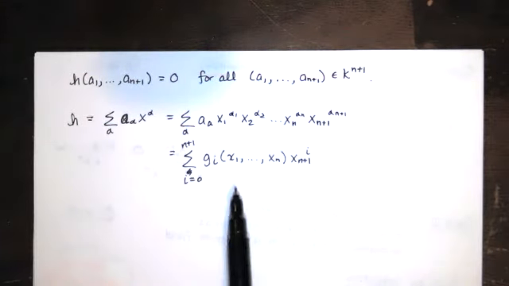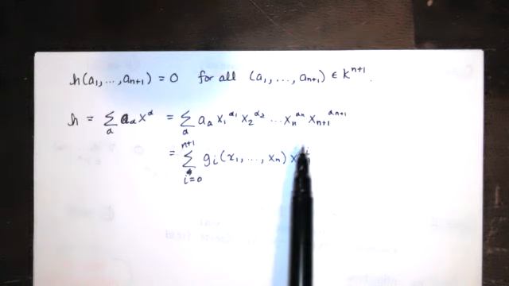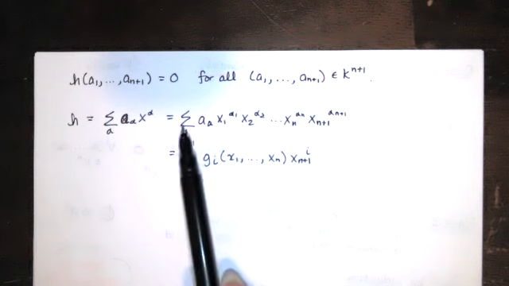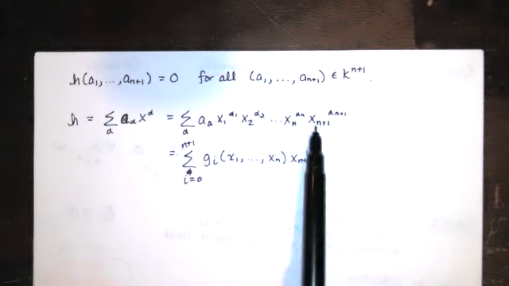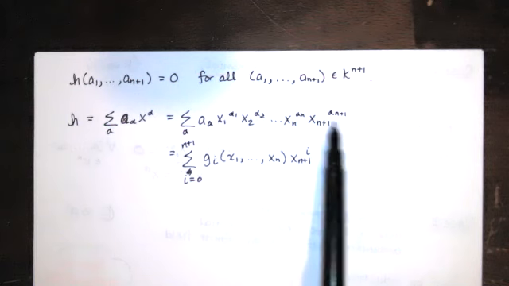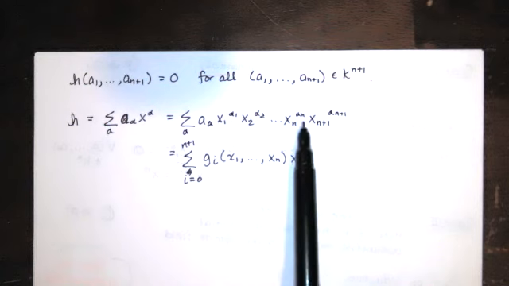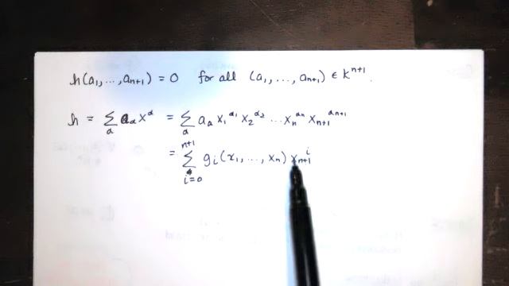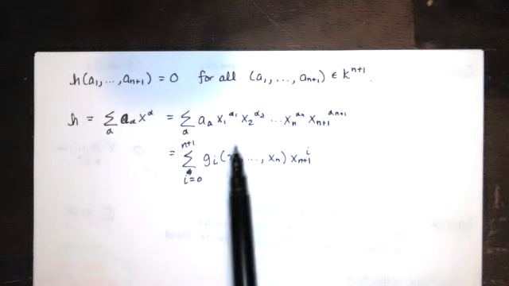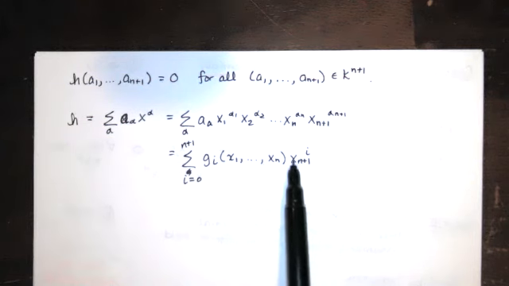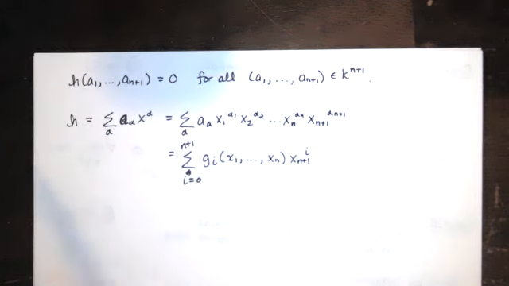Now, if you're saying to yourself, how is that possible? Again, just imagine taking this and rearranging it. You've got all of these powers of x over here, and then you've got one variable that you're particularly interested in, the n plus 1th variable. So let's group this differently, so that we've got all of the powers of that n plus 1th variable over here.